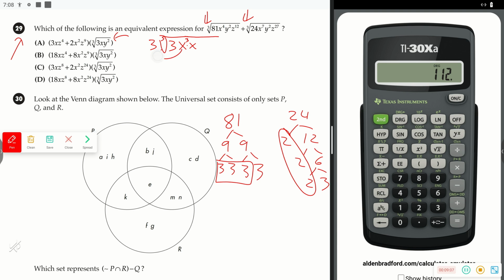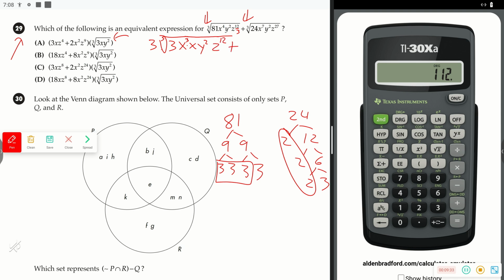So let's break this up into terms like that. y squared is just going to stay y squared. We can't pull anything out. And then z to the 12th, we're actually going to be able to pull out quite a bit. It's going to be 12 divided by 3, so we're going to be able to pull out a z to the 4th, if that makes sense. But for now, I'm just going to keep it as z to the 12th.